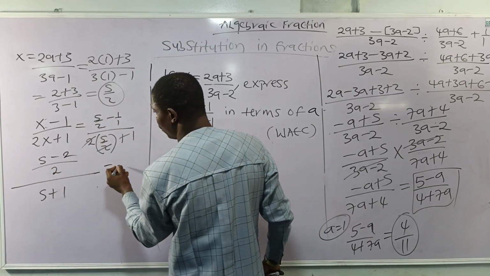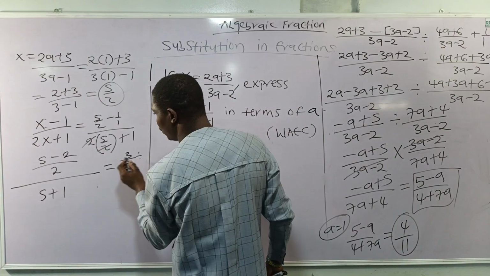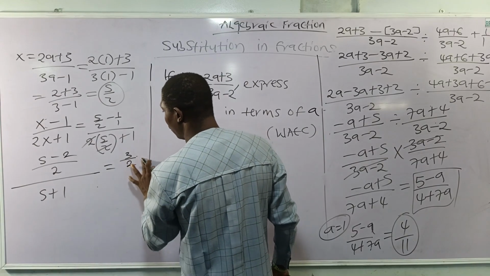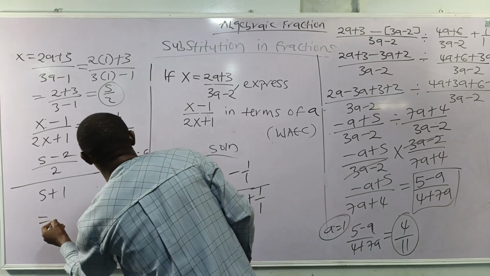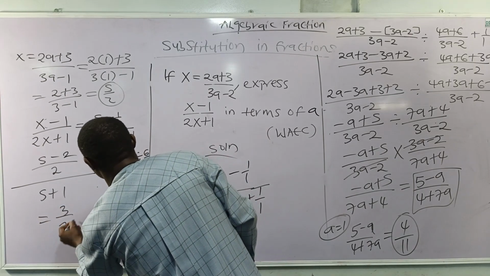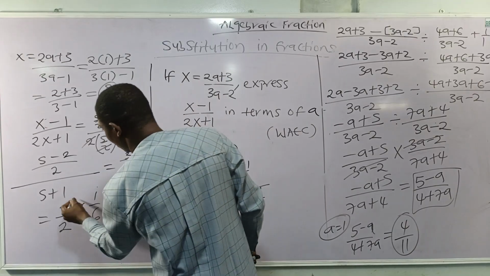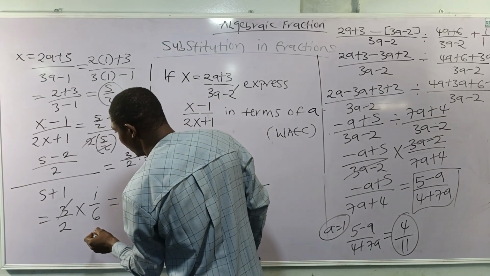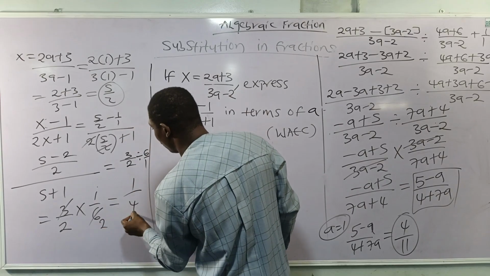And this minus this will give me 3 all over 2. I can put this division sign now, and I have my 6, which can be written as over 1. And this therefore will give me 3 all over 2 times, I will interchange, 1 all over 6. 2 here is 1. 3 here is 1. 3 here is 2. Giving me 1 over 4.